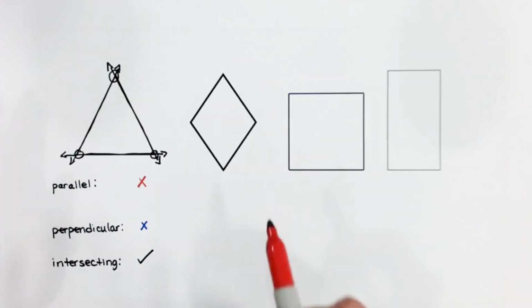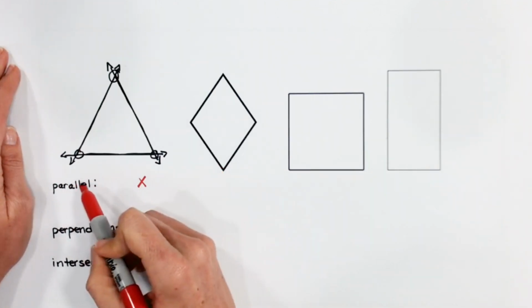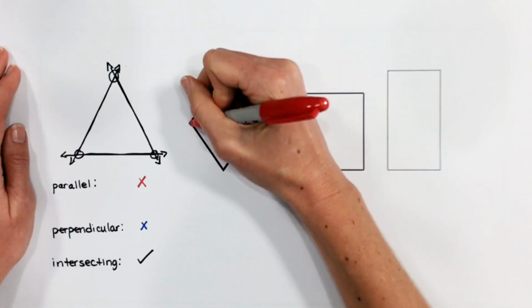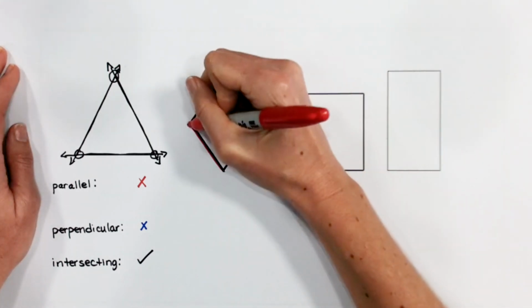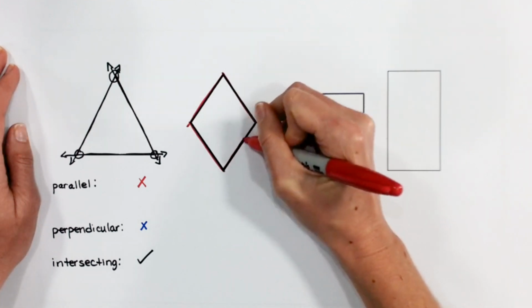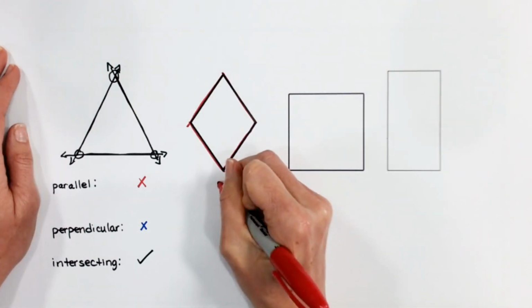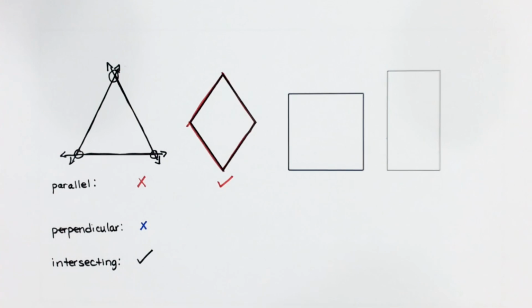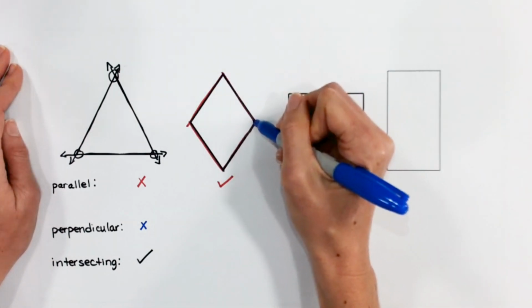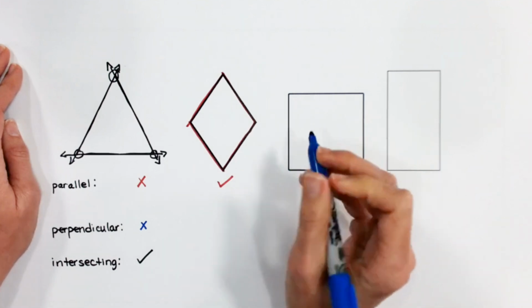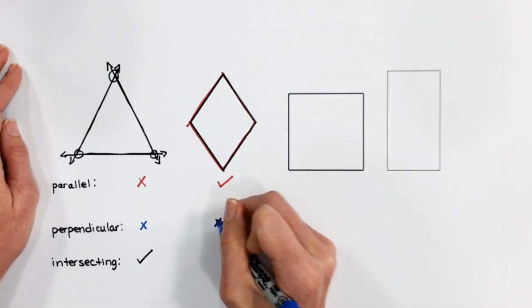Next, let's look at our rhombus. Does a rhombus have any parallel lines? I see that this line and this line here are parallel, and this line and this line are parallel. So yes, my rhombus has parallel lines. Let's look for any perpendicular lines. Our perpendicular lines have to form a 90-degree angle, which my rhombus does not have.